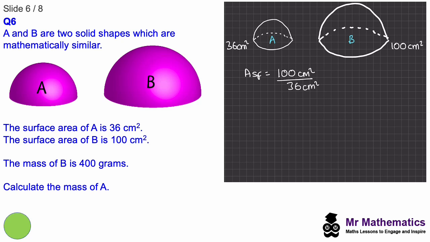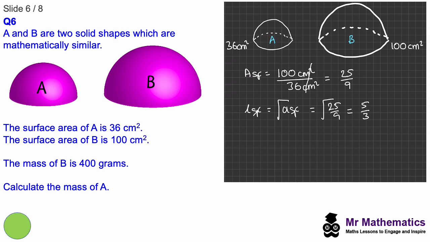These units will cancel, so we're left with 100/36, which is 25/9. So now we have the area scale factor, we can find the length scale factor as the square root of this. So we have the square root of 25/9, which is 5/3.